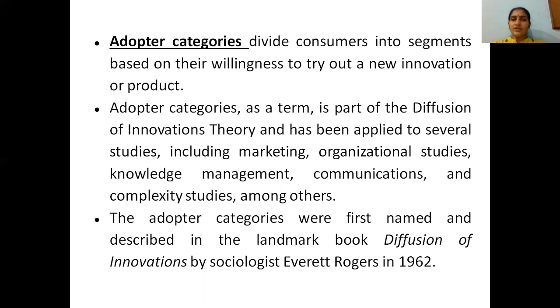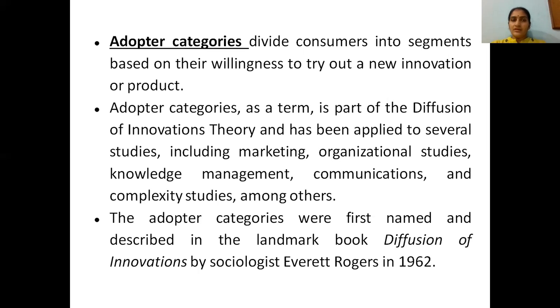When something new comes into the market, and if anybody is willing to try that new product or any innovation launched in the market, that person would be considered part of the adopter categories, who is willing to try out any new things.